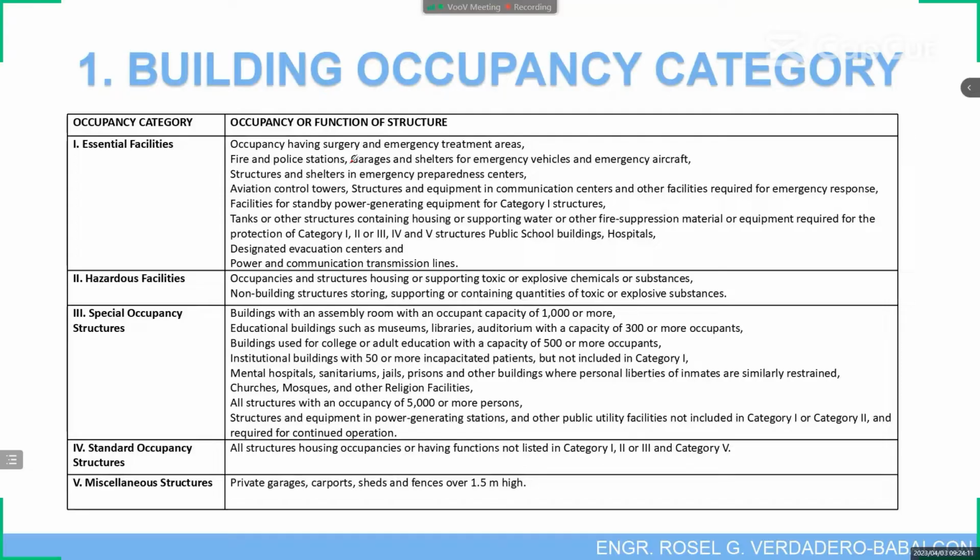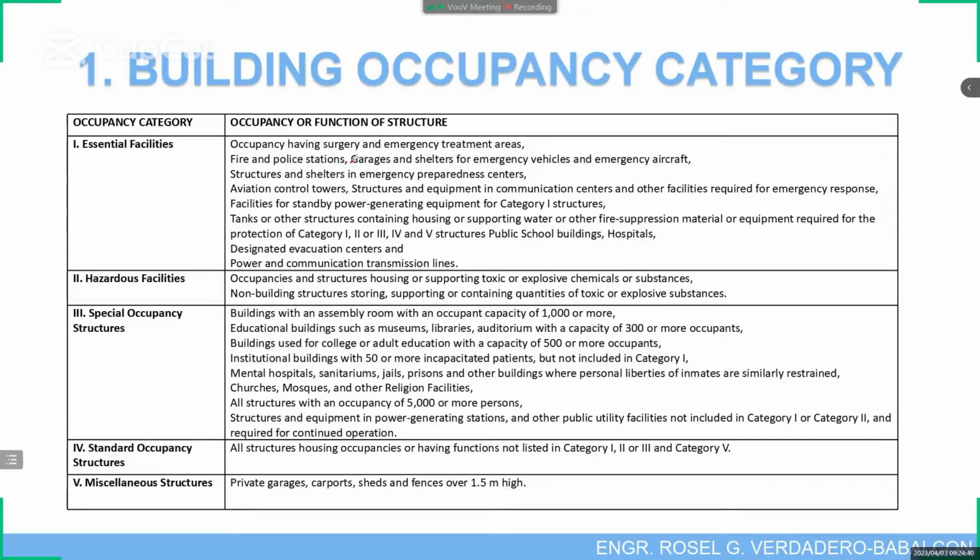So basically, the essential facilities are structures that are essential in times of a calamity or a natural disaster. Okay, they are expected to function even after the event of a catastrophe. So those are hospitals, emergency structures, and other structures used for evacuation purposes.